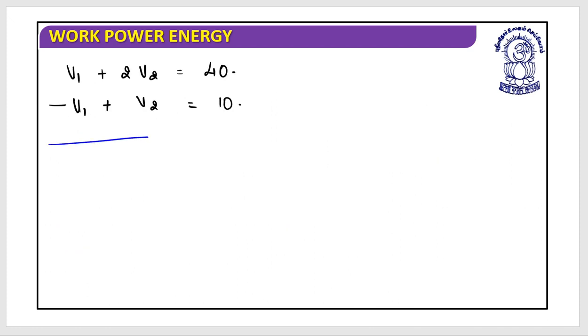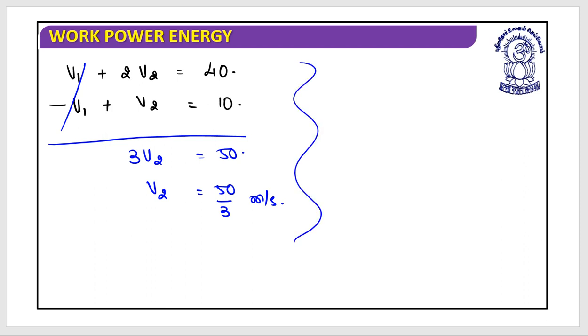Now if I add these, the v1 terms cancel. 2v2 plus v2, that is 3v2, equals 50. So v2 equals 50 by 3 meter per second. Is it clear?